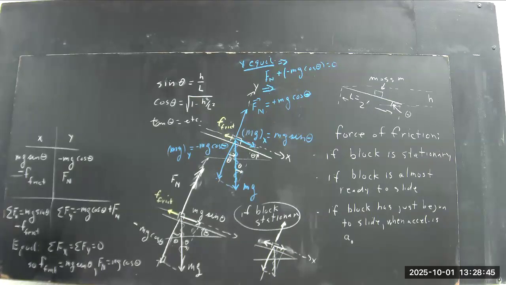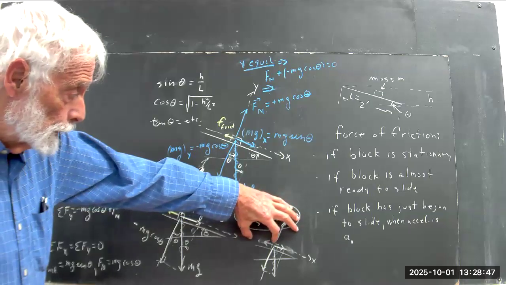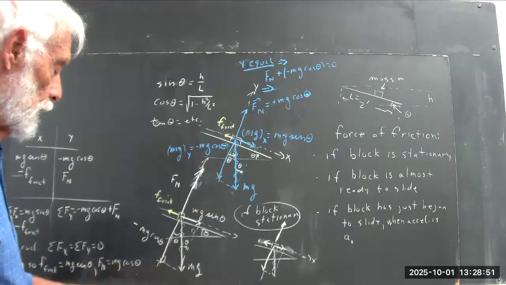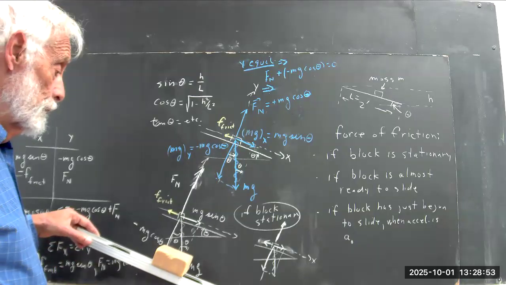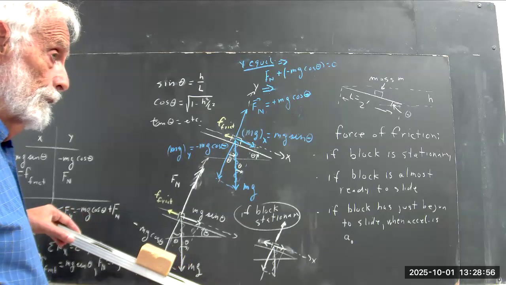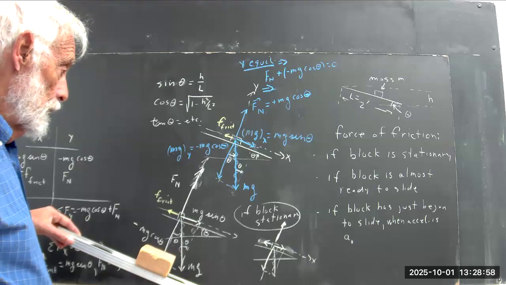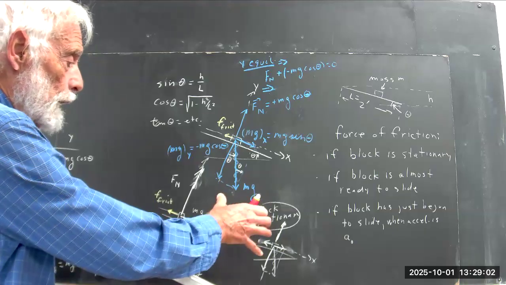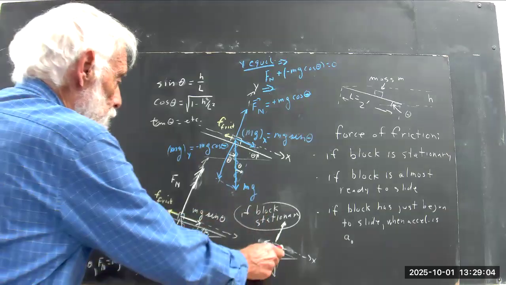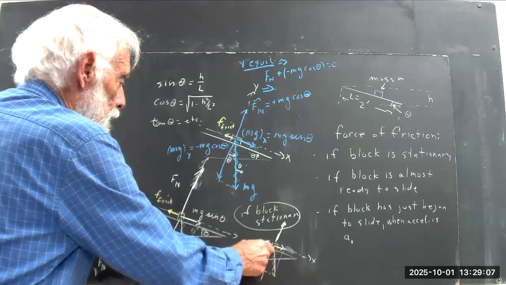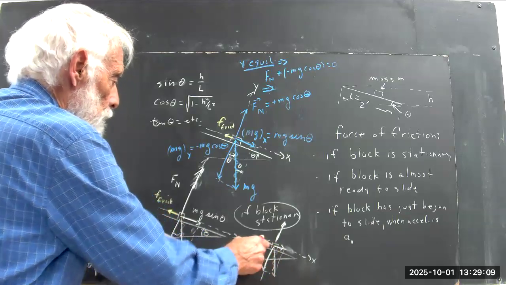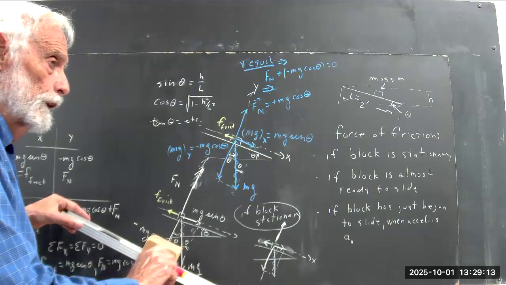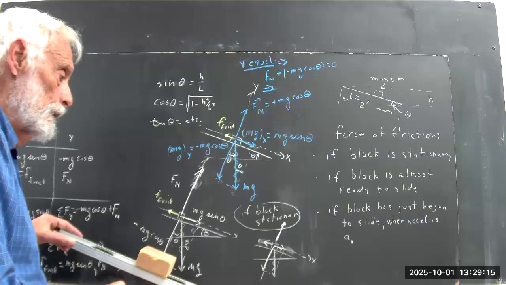Mu static times mg might be much bigger than this, and it is. In other words, this block is here, thing is stationary. If I move it up to here, the x and y axes rotate, this component becomes bigger, and this vector has to equilibrate it and becomes bigger. In other words, we have more force acting in the direction of the incline here than we do here.